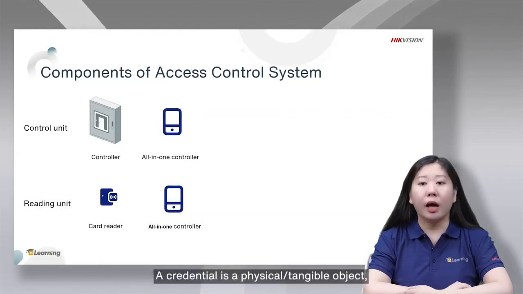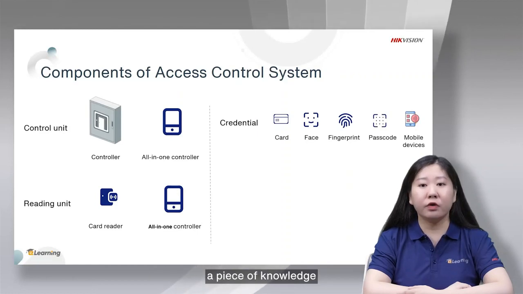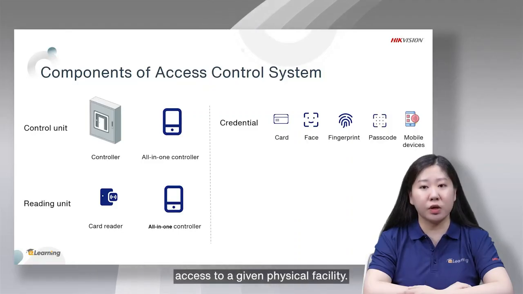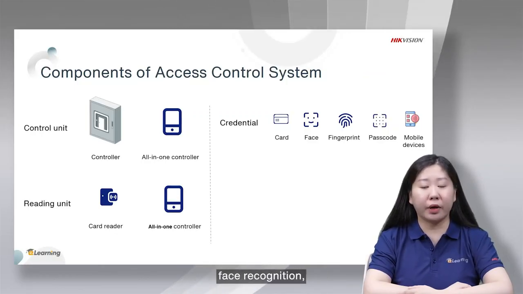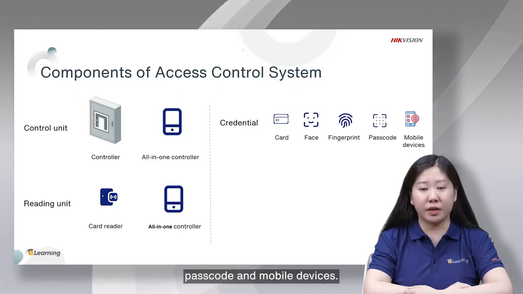A credential is a physical or tangible object, a piece of knowledge, or a facet of a person's physical being that enables individual access to a given physical facility. Typically, credentials can be card, face recognition, fingerprint, passcode, and mobile devices.